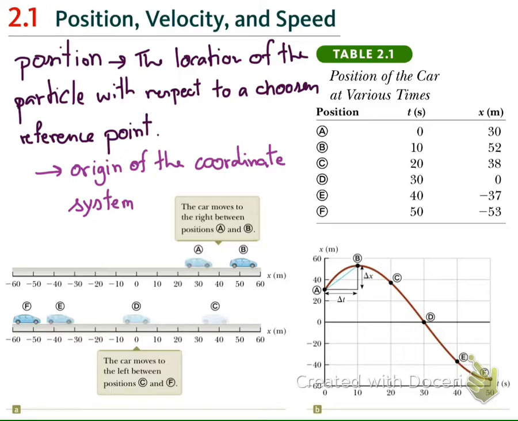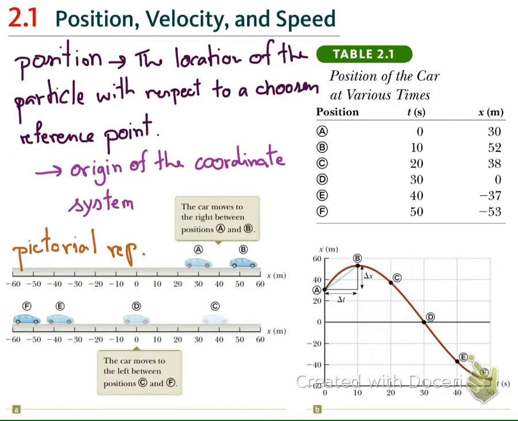In this slide, we can see three ways to represent the position of an object. First, we call this the pictorial representation.